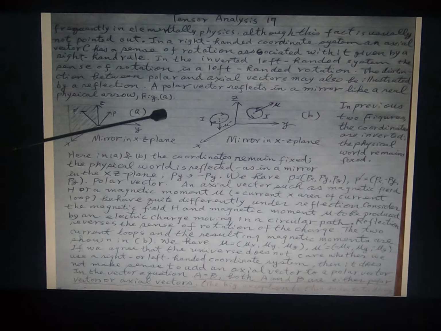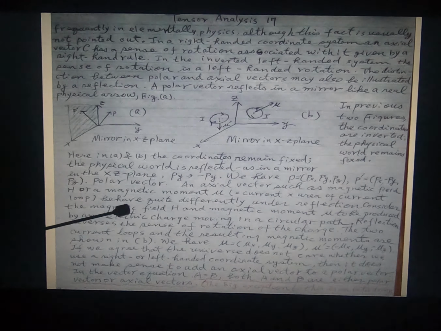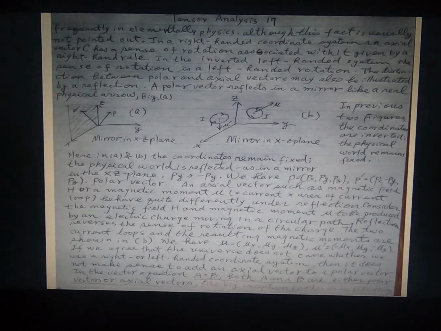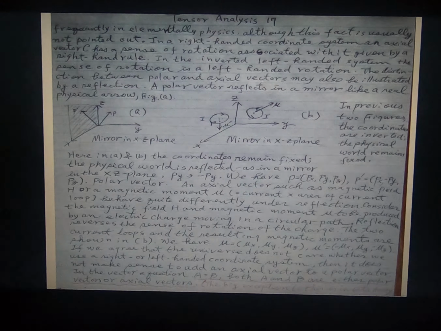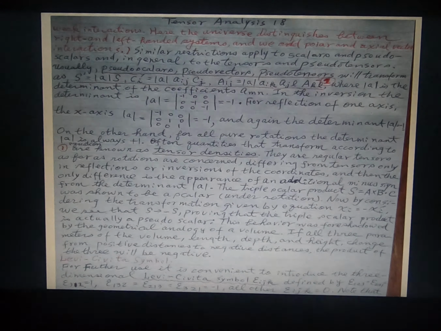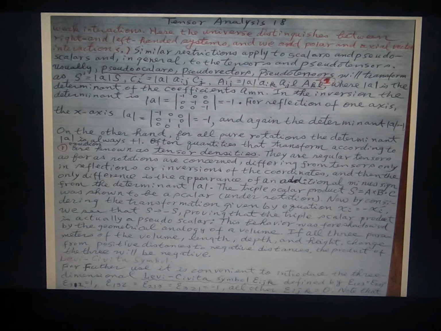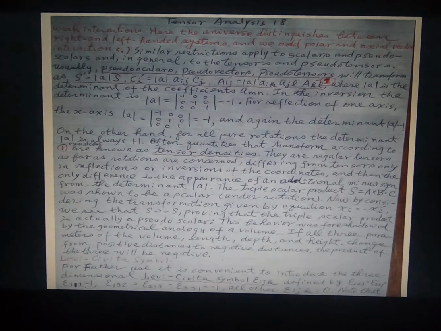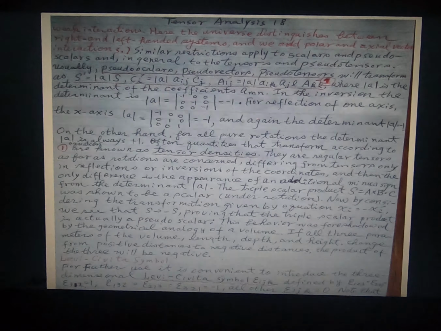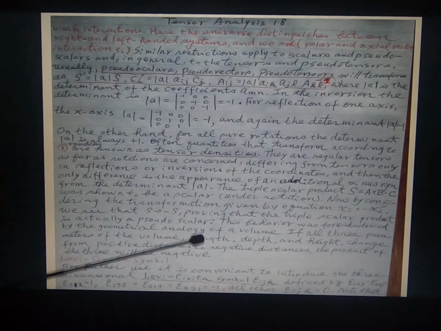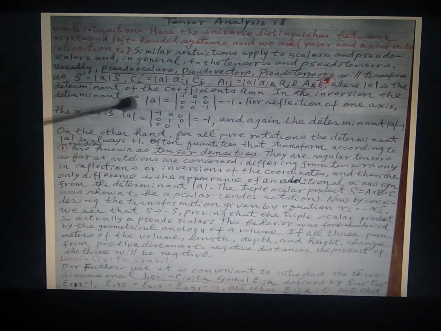These are reflection and the inversion, not rotation. And weak interaction turns out to be a little bit special. These are the Levi-Civita symbol and the tensor density.